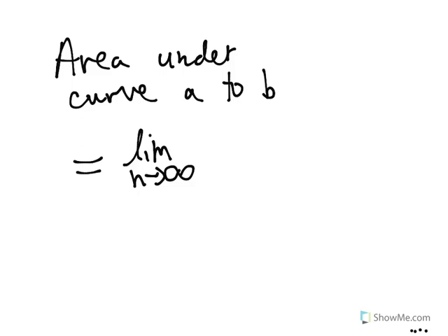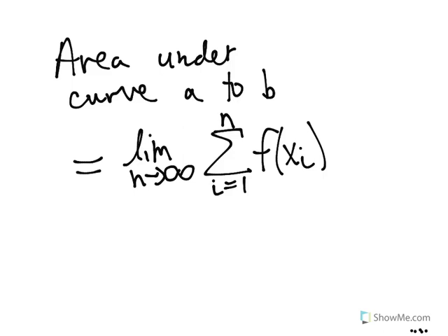So here's the formula we're going to have. I'm going to write it like this. I'm going to say the limit as n goes to infinity of the sum of just what we had before, from i equals 1 up to n of f of xi. And remember, this is talking about the height of the rectangles.